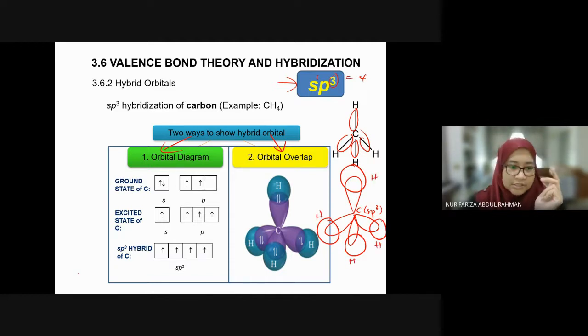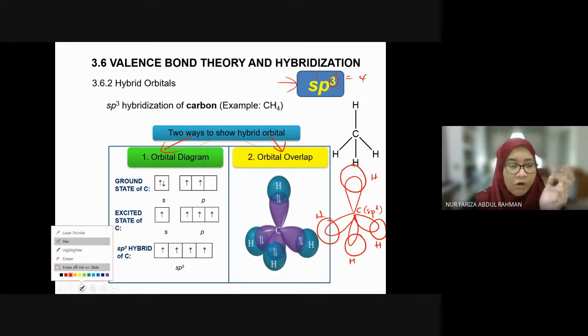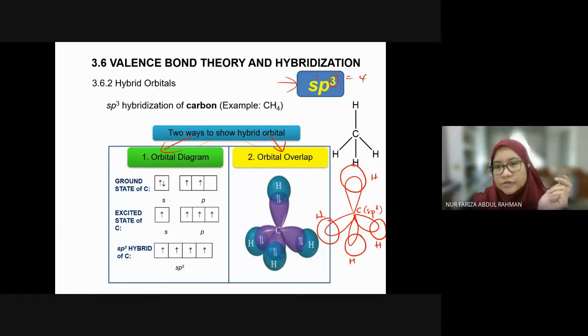Okay, just for your checklist, so that you can make sure that you have covered all. So we have drawn the carbon. This is the hybrid orbital for carbon, and then all the hydrogen have been drawn.